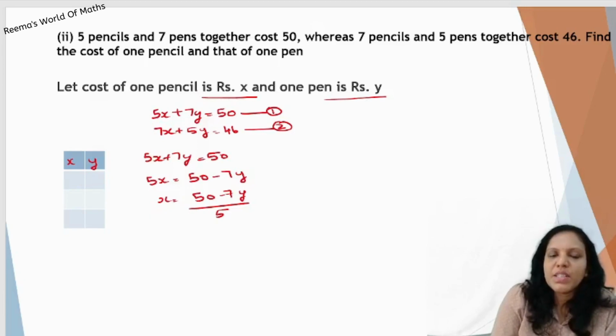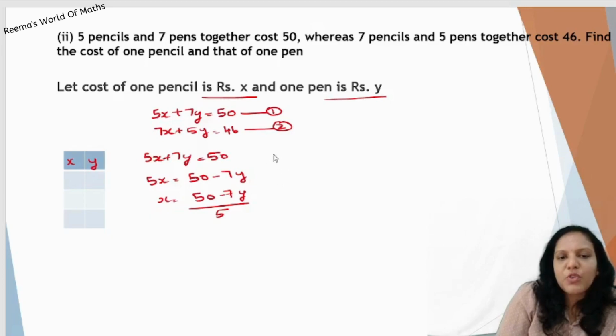So as an easier method, we replace y with a value such that after subtracting from 50, the result is easily divisible by 5. Let's take the value of y as 0.